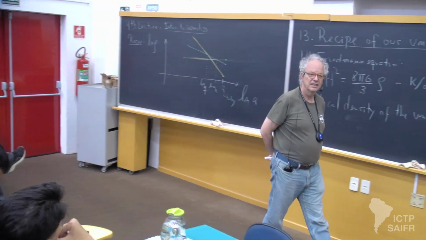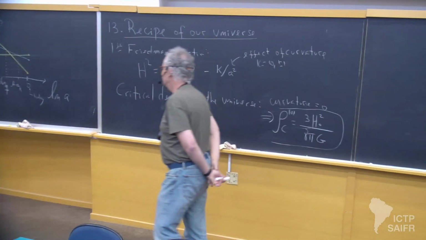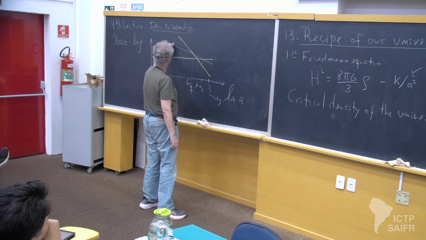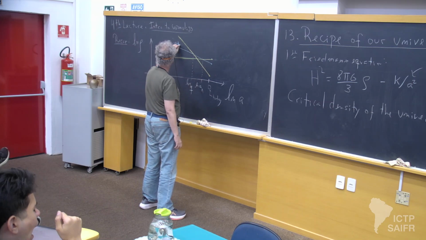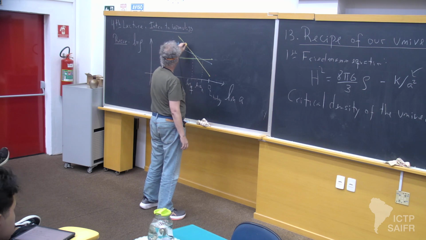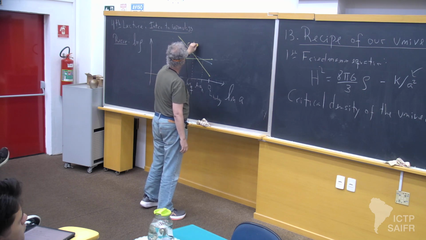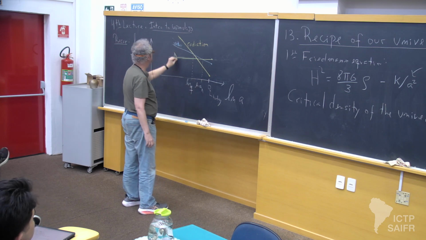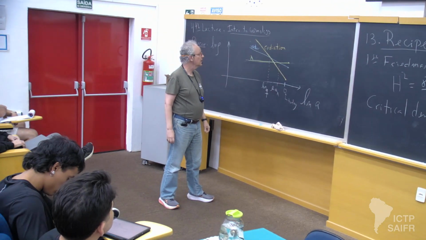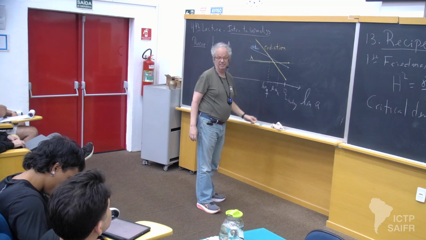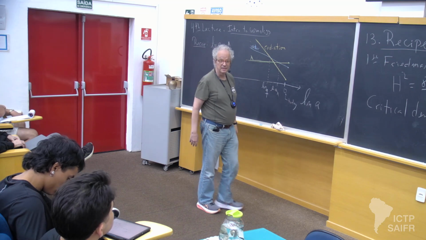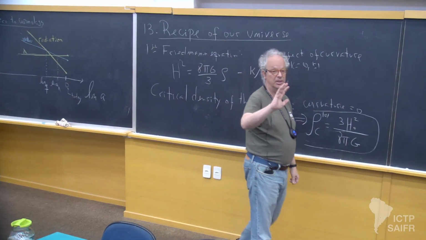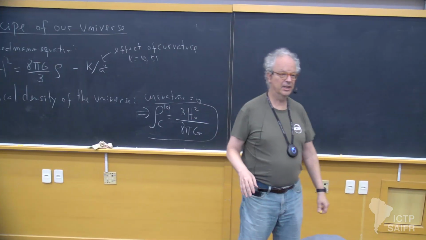Yes? I'm sorry, I should label this. So this is matter. This is radiation. And this is the cosmological constant. This is non-relativistic matter. Any non-relativistic matter behaves like this: the density goes like a to the minus 3.